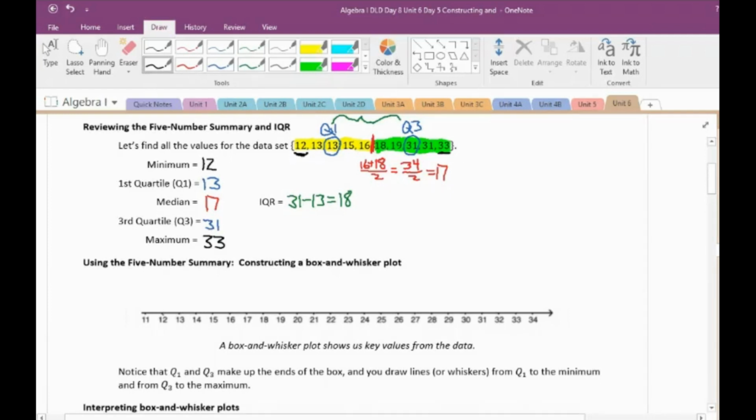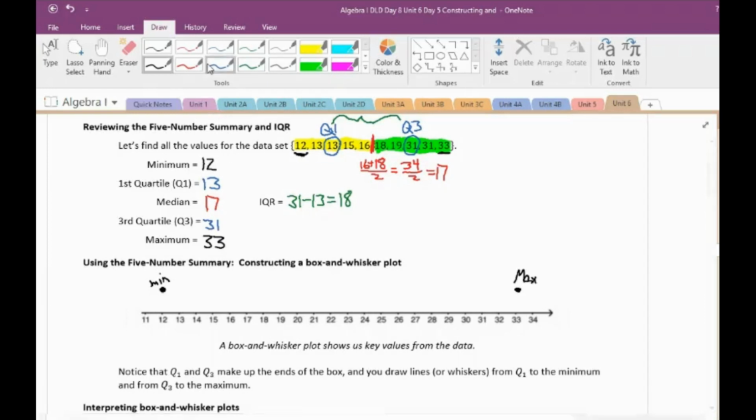But we're not going to put them right on it. We're going to put them above the number line. So here's the minimum, 12. There's our minimum. Our maximum is over here at 33. I'm going to put it directly across, same height there. So that's our maximum.